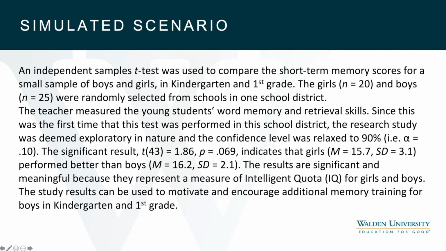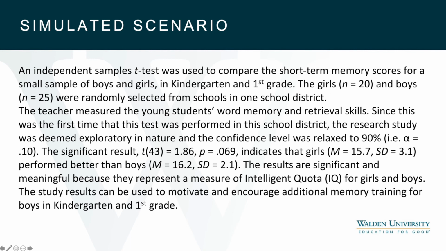We have 20 girls and 25 boys from schools in one school district. Now the teacher is evaluating these young students for word memory and retrieval skills. The researcher decided to relax the confidence level to 90%, thereby increasing that area to find significance, right?